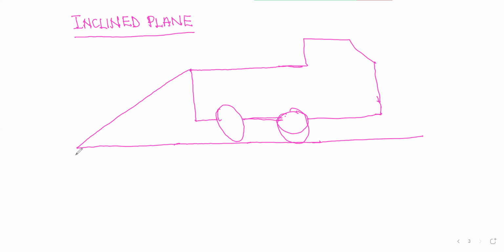So if this is the lower end and this is the upper end, okay, the inclined plane, this is the length of the plane from the lower end to the upper end.